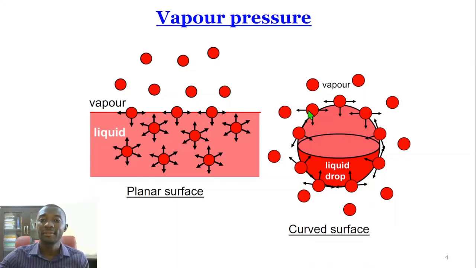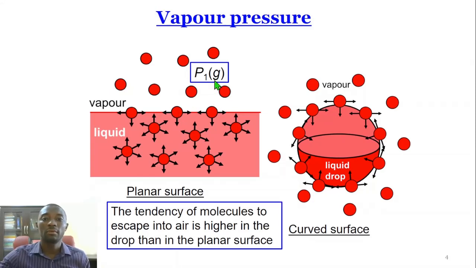As a result, the tendency of the molecules to escape from the drop surface into the air phase is higher than it is for the planar surface. As a result, the vapor pressure of the liquid drop is higher than the vapor pressure of the flat liquid surface.